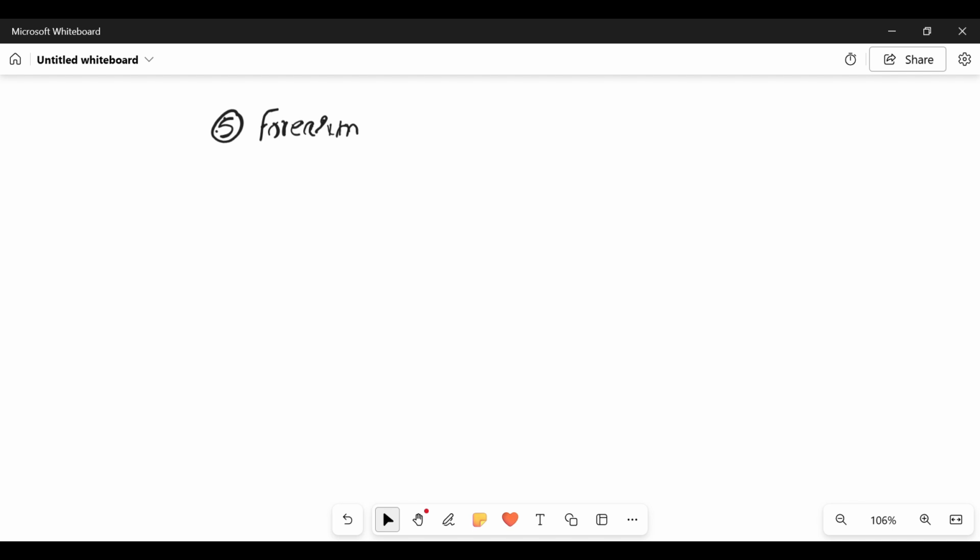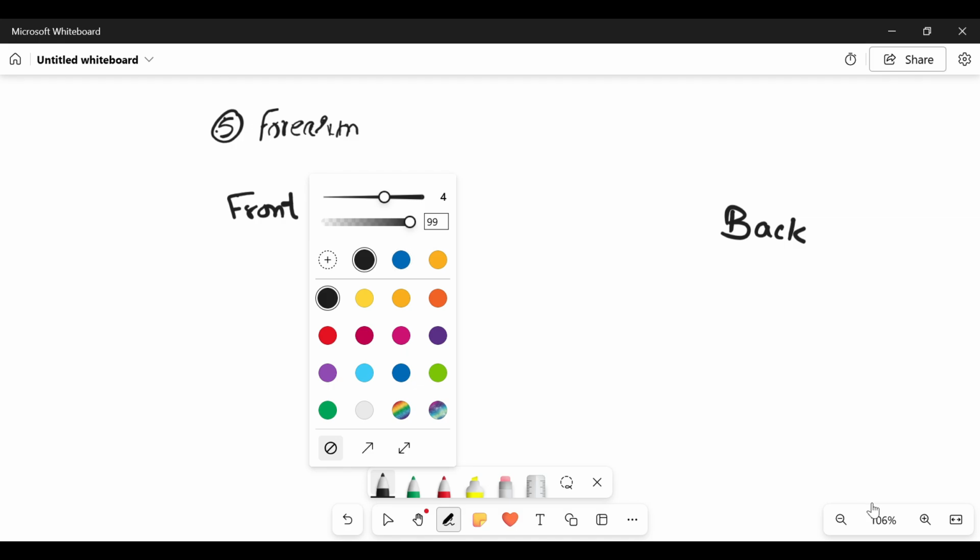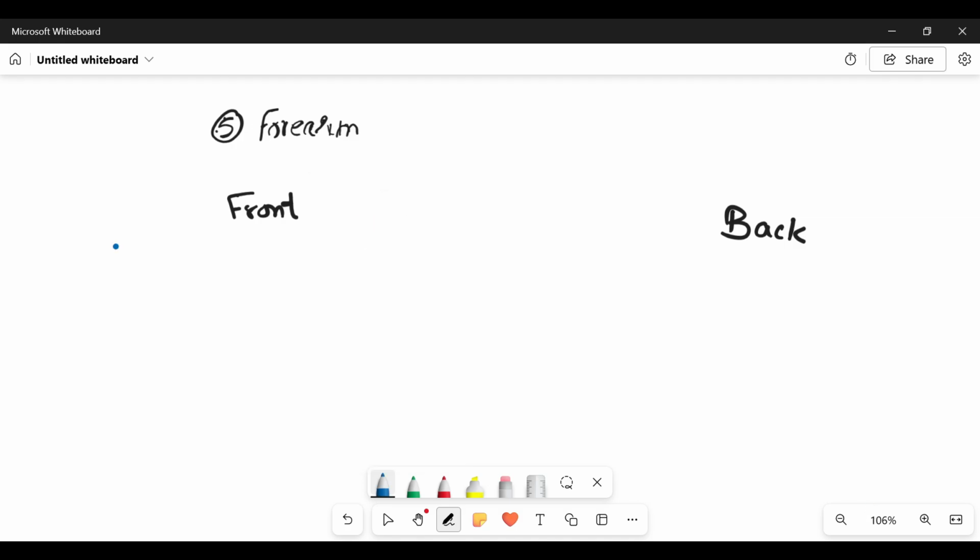Further, we are going to talk about the forearm muscles.